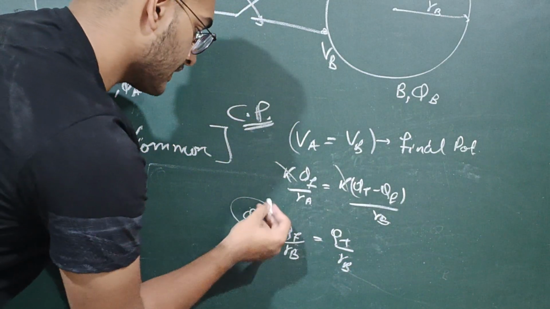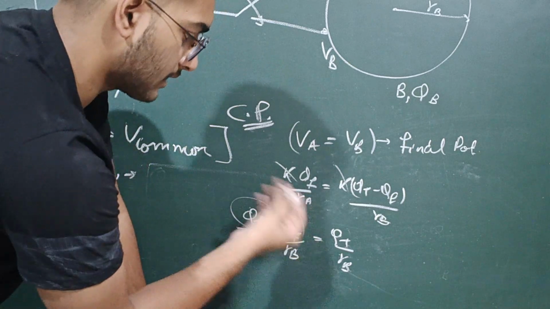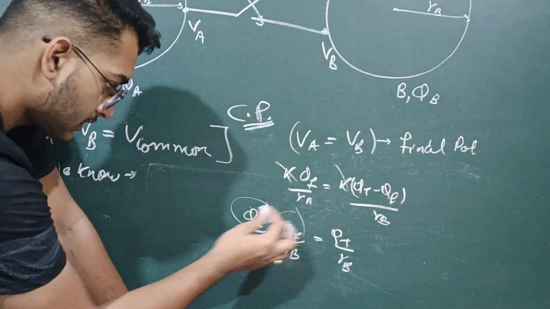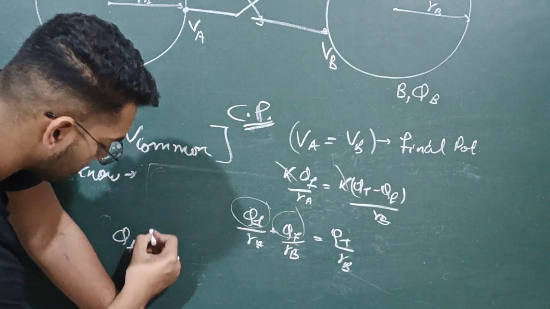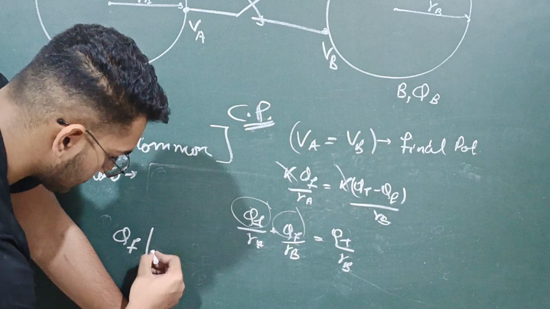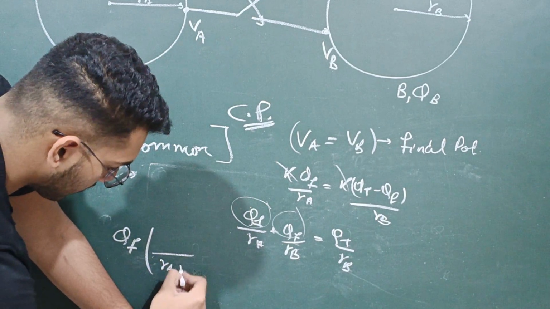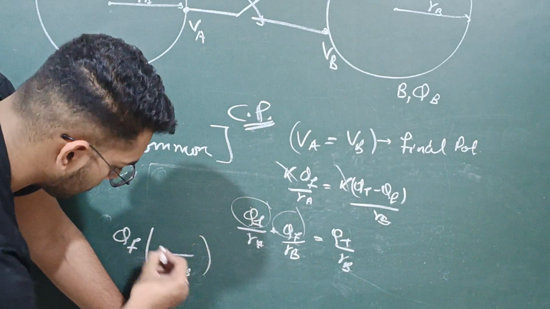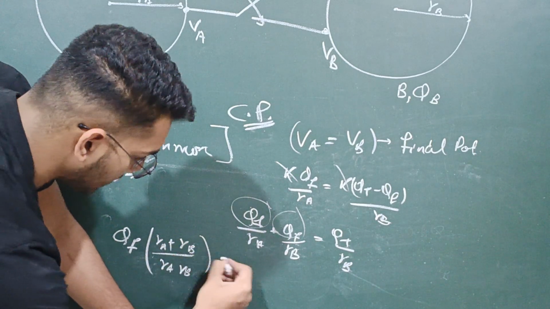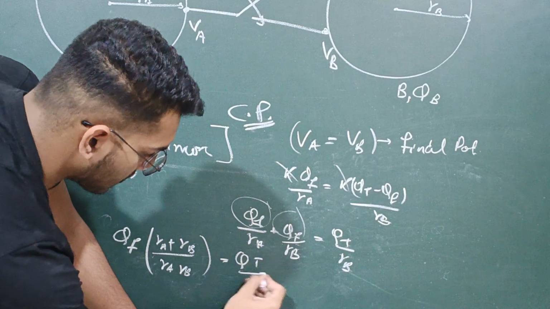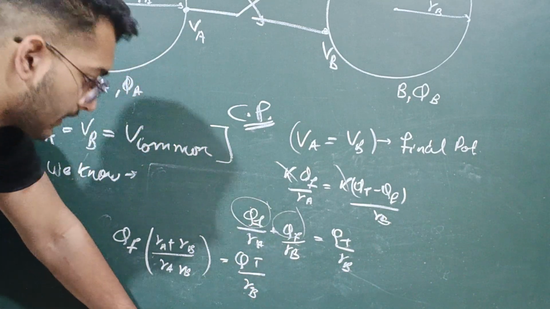So I can see that this Q final and Q final are common here, so I just get them here. So it would be nothing but Q final taking the LCM RA RB, RA plus RB, equals QT by RB.